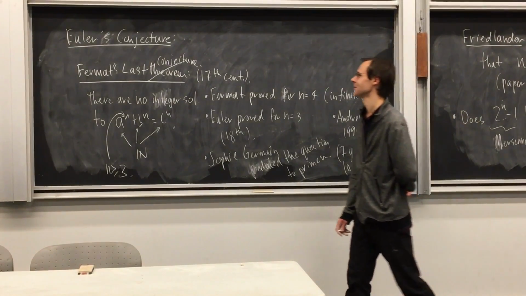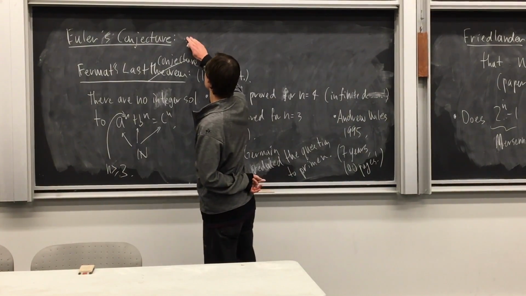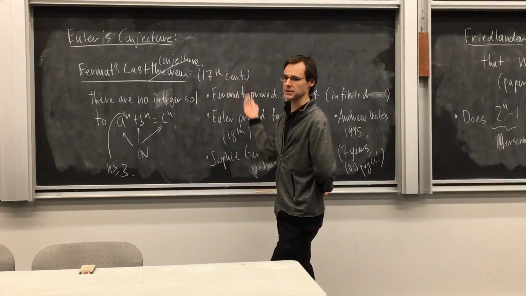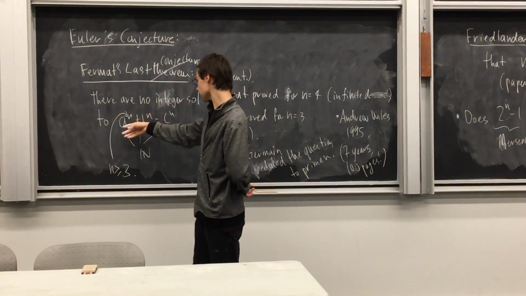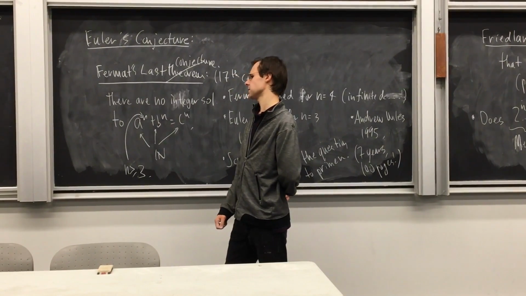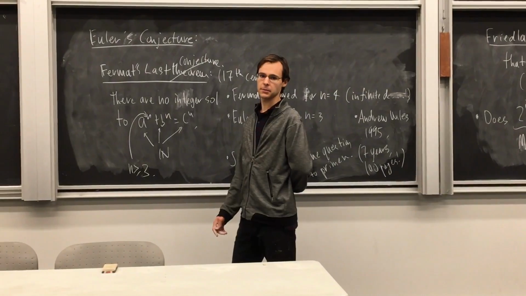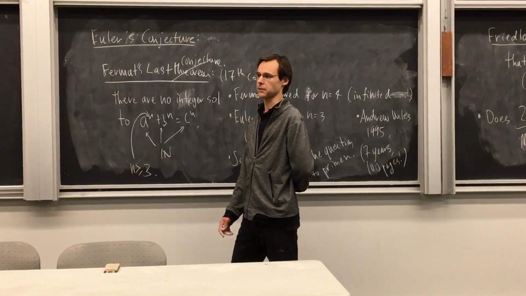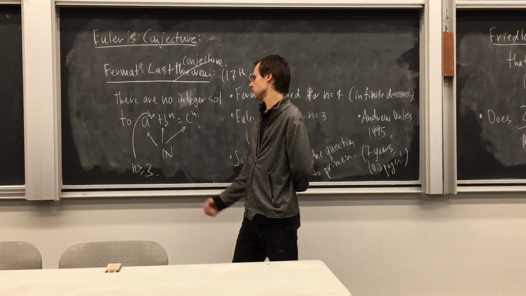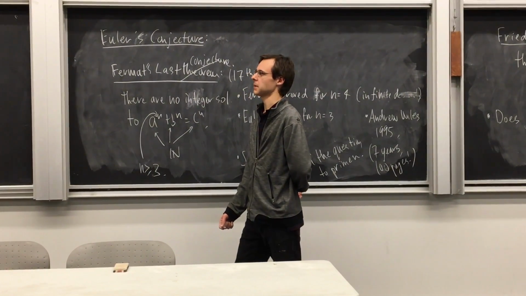Now, we didn't talk about Euler's conjecture at all, so I guess we better put that in here. So Euler tried to generalize the problem. He thought, well, there are no solutions here when you add up 2 powers of 3, let's say. 2 powers of 3 can never add up to a 3rd power of 3, but maybe you need more powers. Like maybe 3 powers of 3 will add up to a 3rd power of 3.